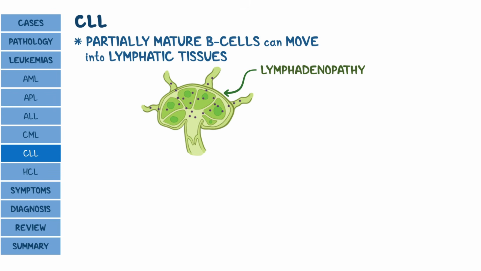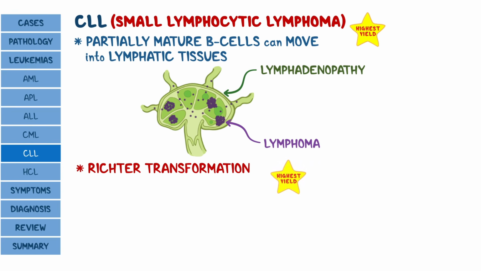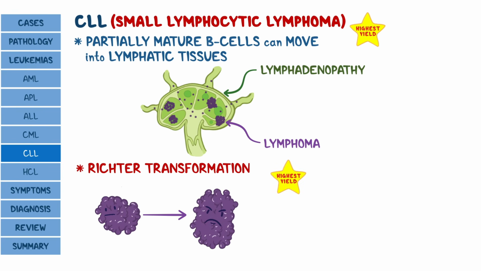Eventually, B cells in these nodes will accumulate into distinct masses, or lymphomas, which is why CLL is sometimes called small lymphocytic lymphoma. Further progression might take the form of a Richter transformation, where those small lymphomas transform into an aggressive lymphoma, which is usually diffuse large B-cell lymphoma.